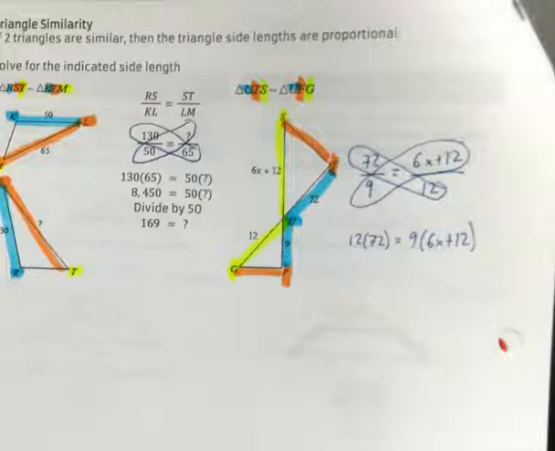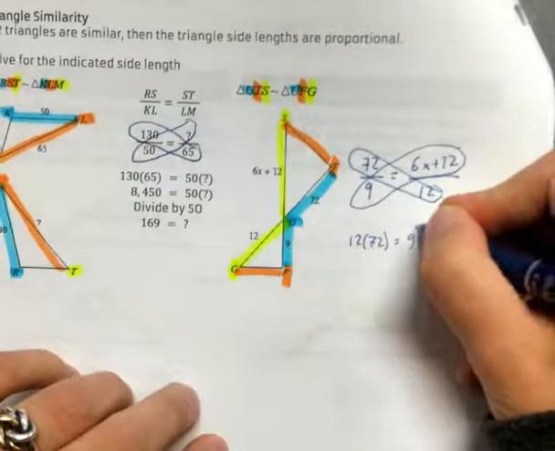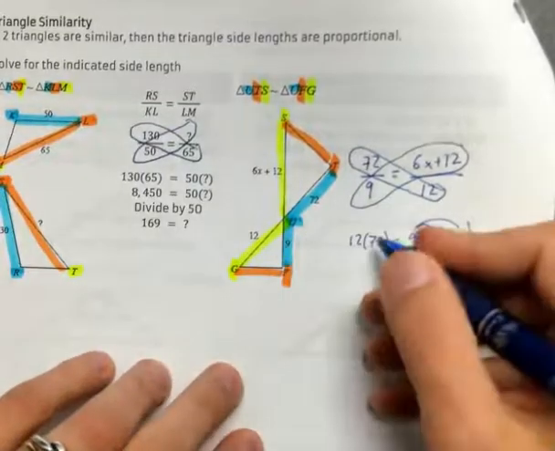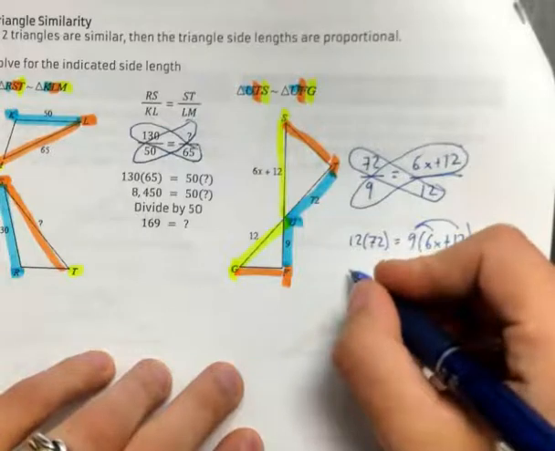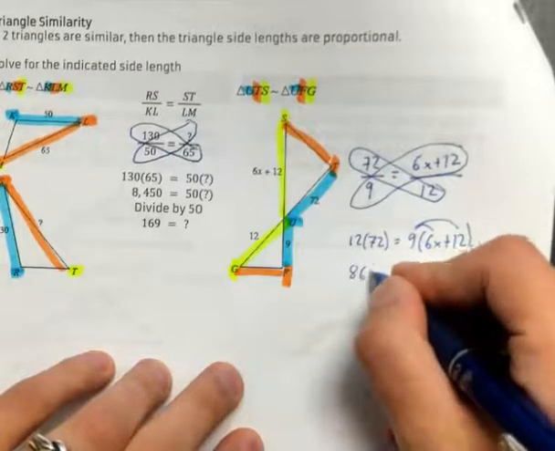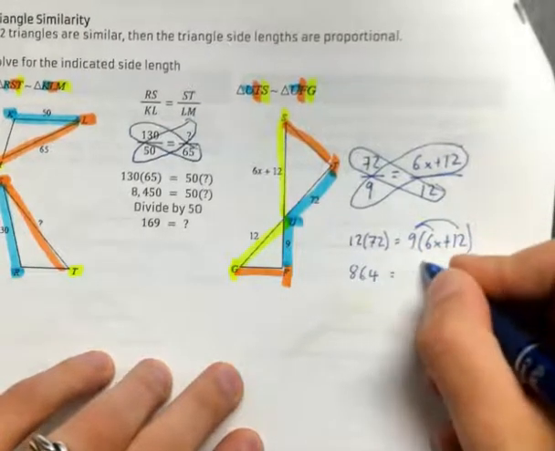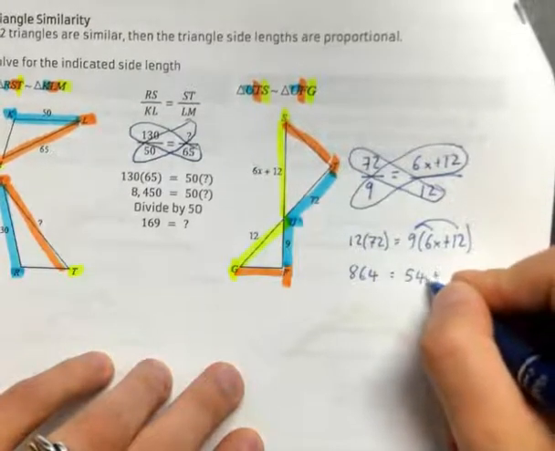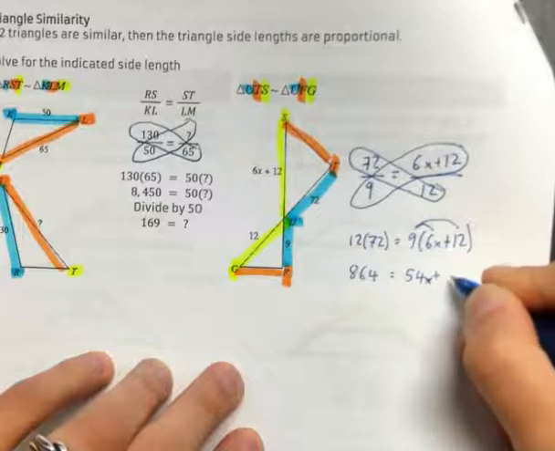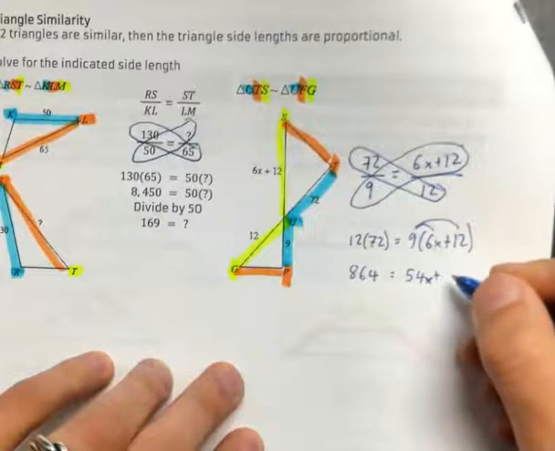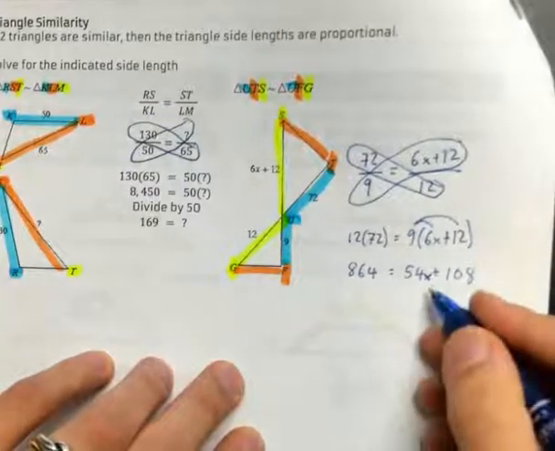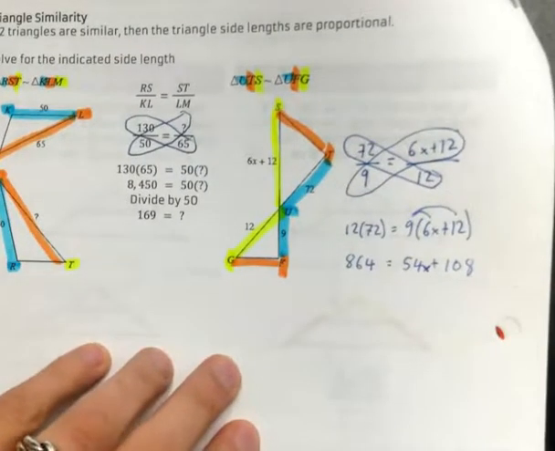And then from there, you're going to distribute your 9. And we're going to multiply this 12 with the 72. So multiplying that, I get 864 is equal to, let's see, 9 times 6 is 54x, forgot that x. 12 times 9 is 108. Okay. So now I want my x's on one side and my numbers on the other.